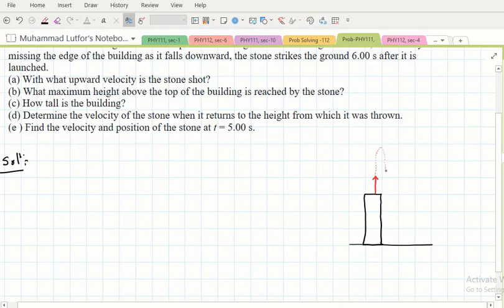After that it comes down, barely misses the building, and strikes the ground 6 seconds later after being shot from the top of the tower.